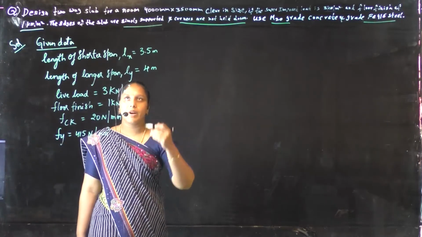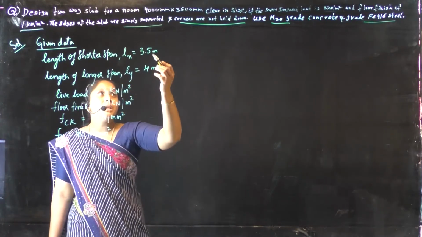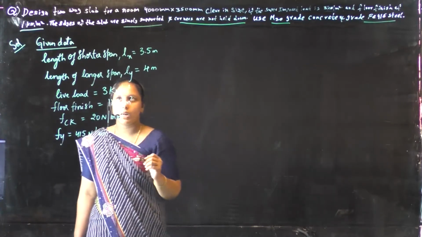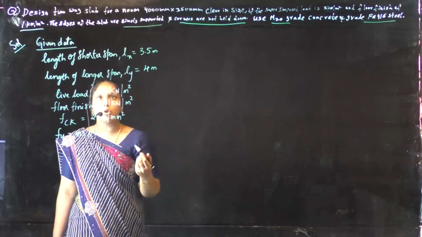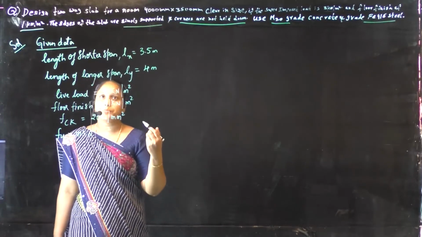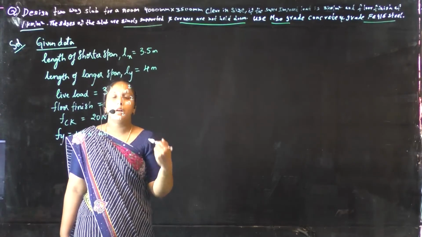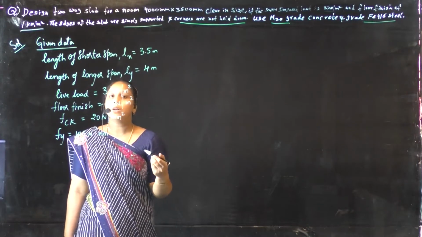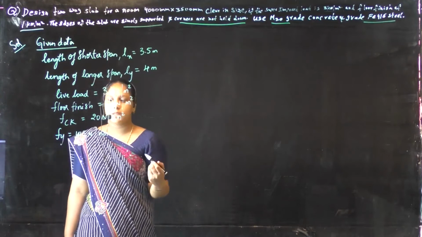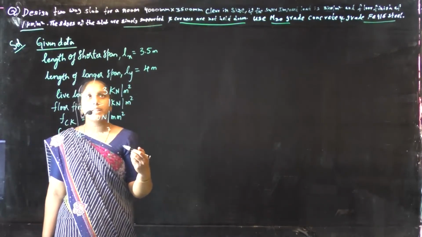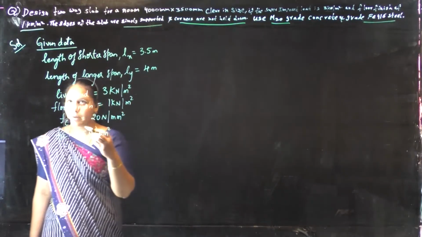So this is the given data and the condition is the corners are not held down. So what is the next step? We have to calculate the effective depth, or the thickness of the slab. So now let us calculate the thickness of the slab.